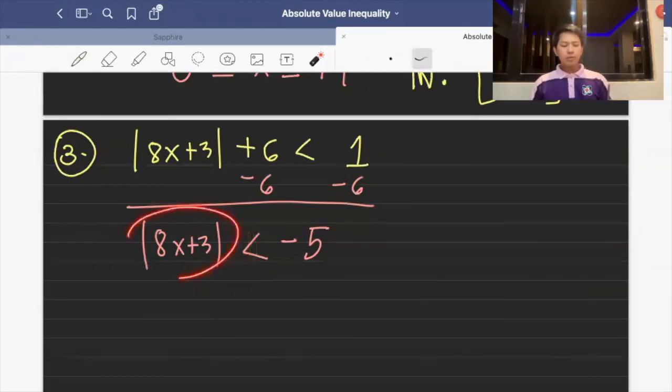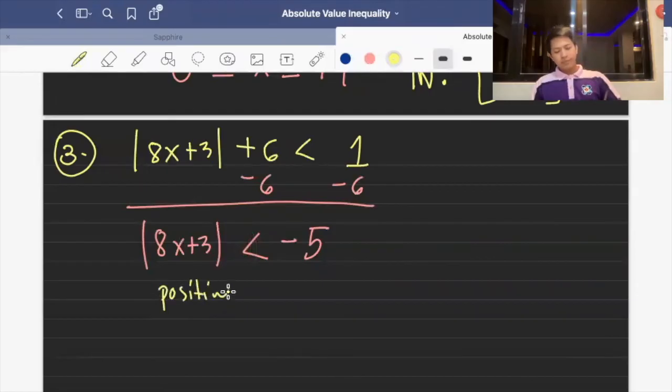The absolute value of 8x plus 3 is less than negative 5. Is that even possible? So we know that the answer of this is positive, right? Positive is less than negative 5. That is a false statement.